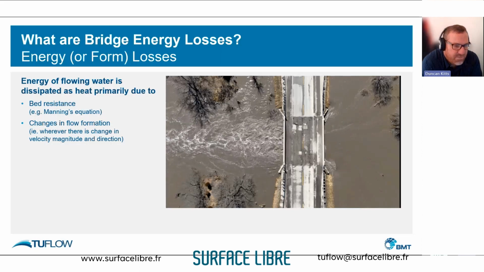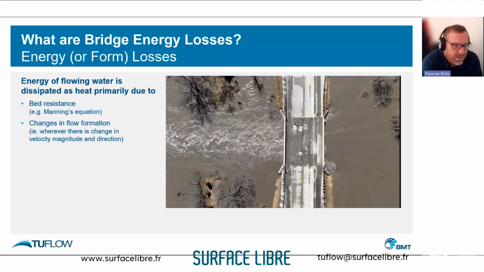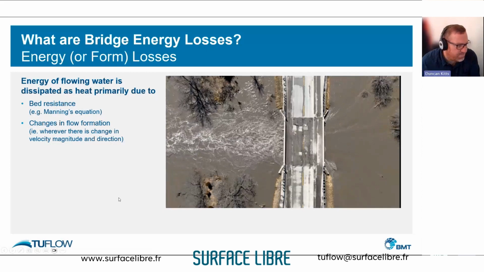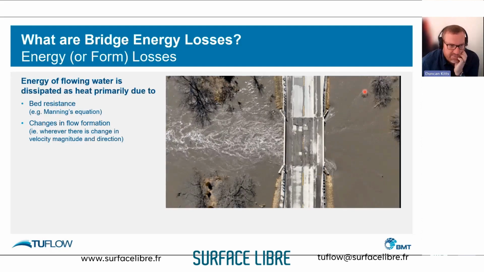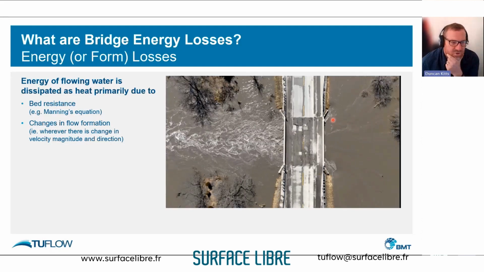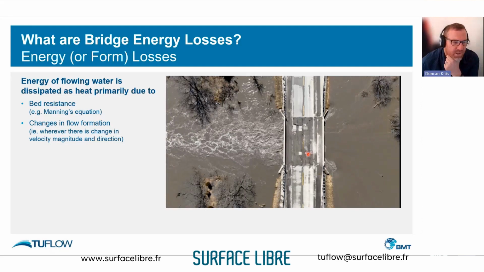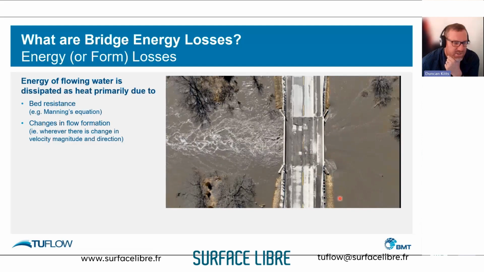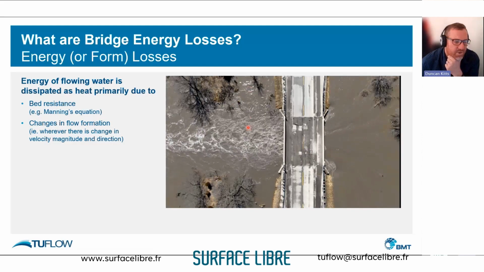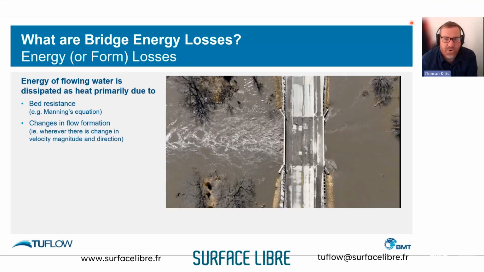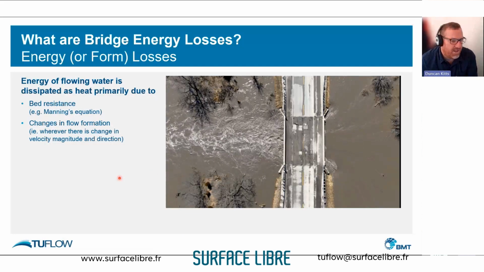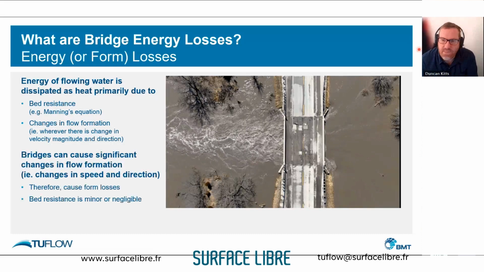So we can see on the video here, we have flow coming down. We have this contraction of flow through the opening, leading to some energy losses. And then we have the expansion of flow downstream with associated energy losses as well. So here we have a loss of kinetic energy.